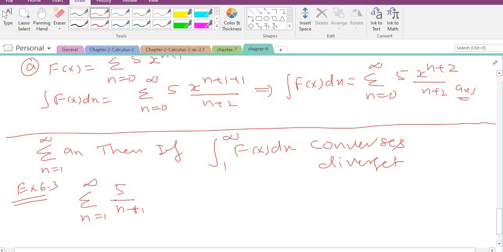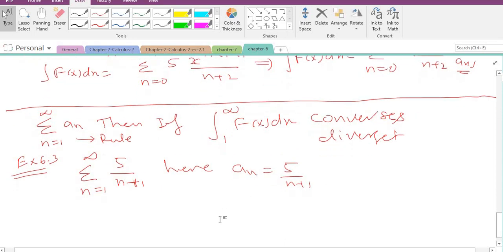So try to check using this rule. If I compare with the given series, a_n is equal to 5 divided by (n+1). Now I am going to check whether this series is convergent or not.